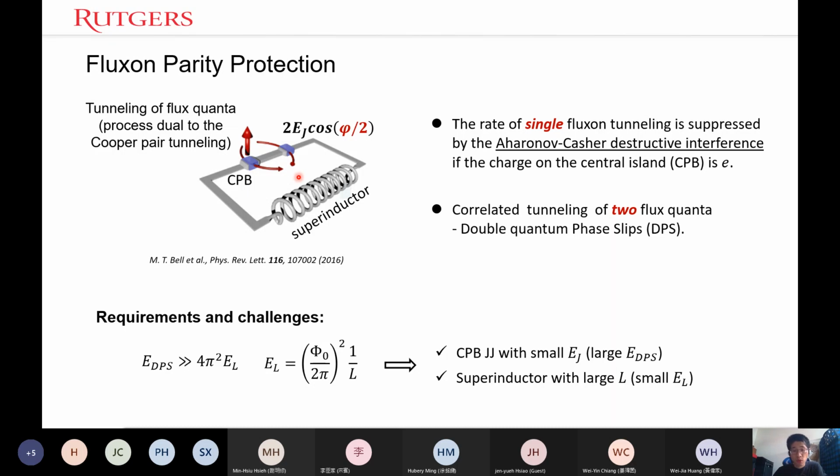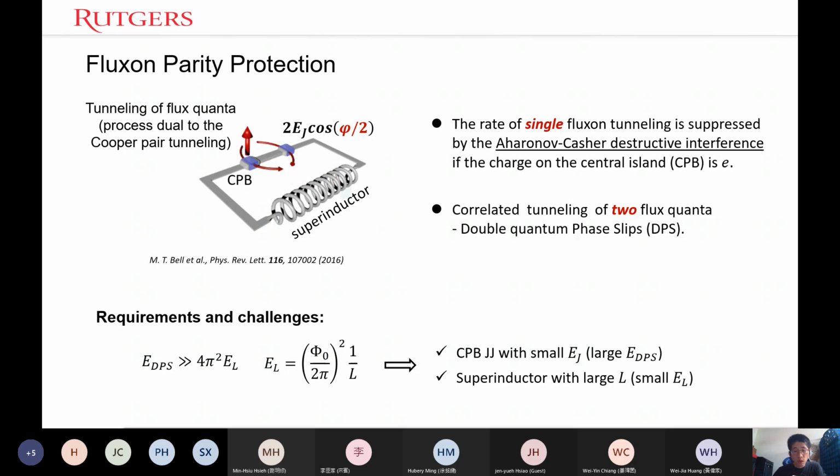In the Bifluxon qubit, there are two identical junctions separated by a small superconducting island, which we mark as CPP here, and the rate of single fluxon tunneling into the loop through the junctions depends on the phase difference between the tunneling amplitudes through either of the junctions.